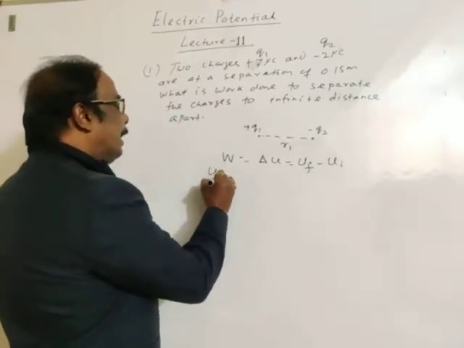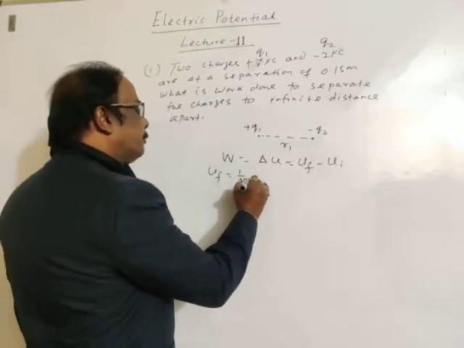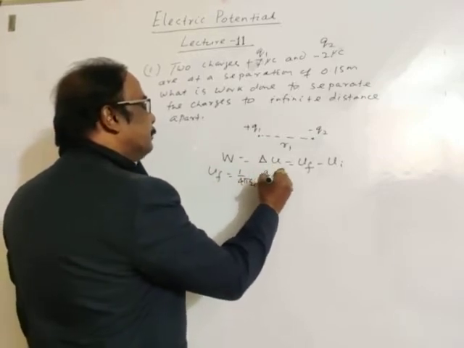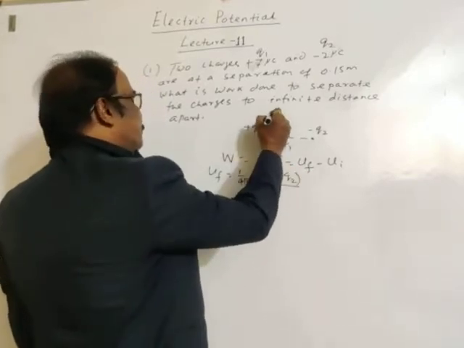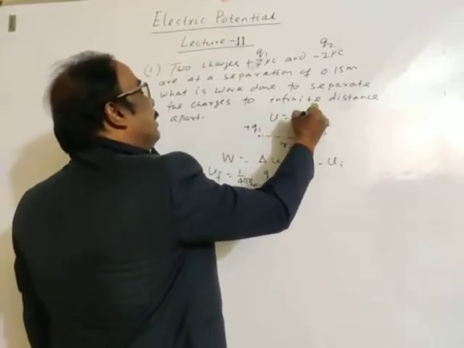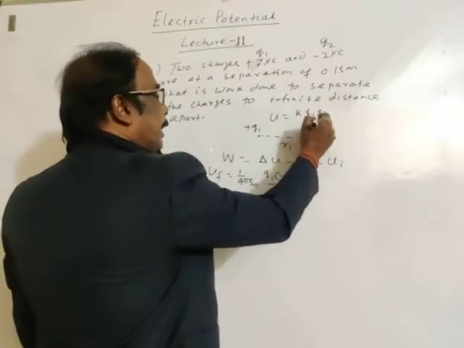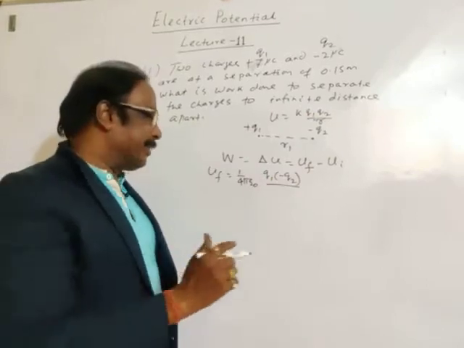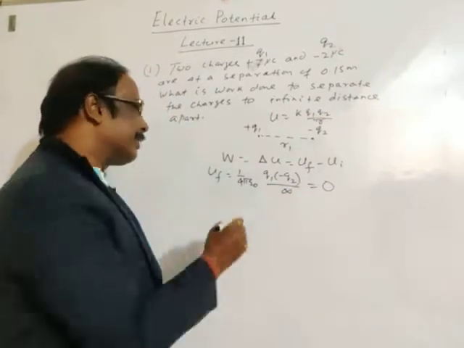Potential energy is 1 by 4 pi epsilon naught Q1 Q2 divided by distance, that is K Q1 Q2 by distance. The final distance is infinity, so the final potential energy is 0.